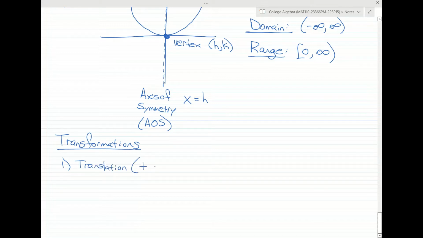Translation, by adding or subtracting, moves a graph left, right, up, or down. You always get a translation whenever you're adding or subtracting a number.